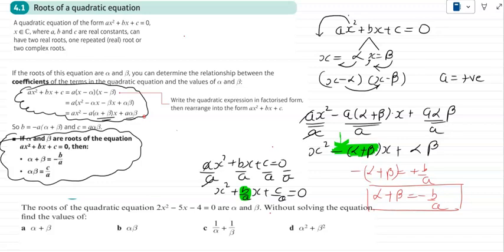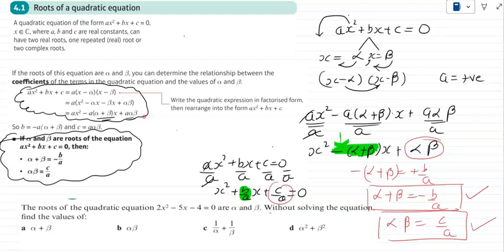Similarly, here is alpha beta and here is c over a, they both are plus, so alpha beta is c over a. Please write down: if there are two roots, alpha plus beta is minus b over a and alpha times beta equals c over a.